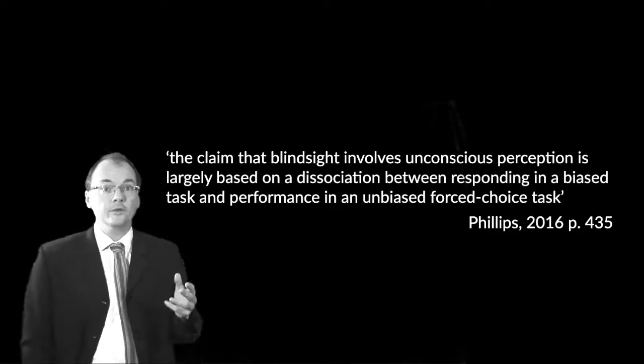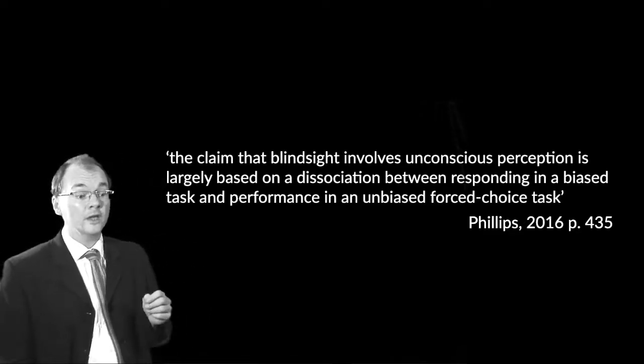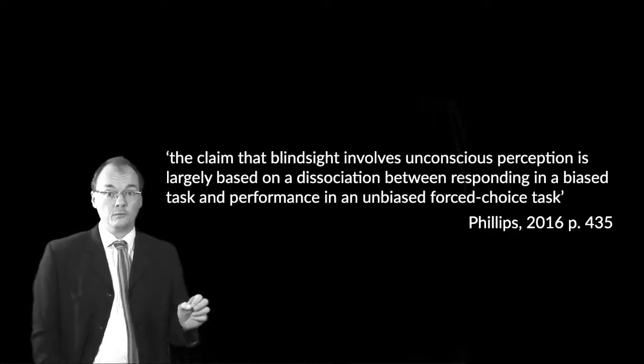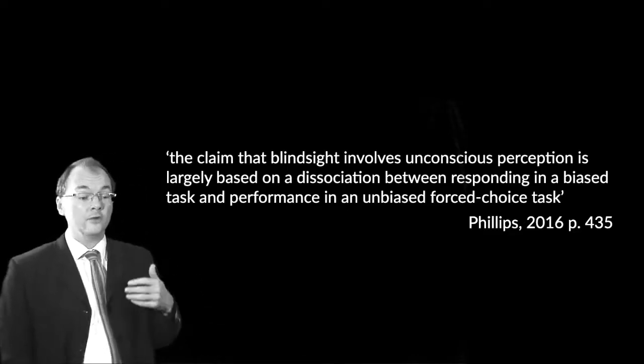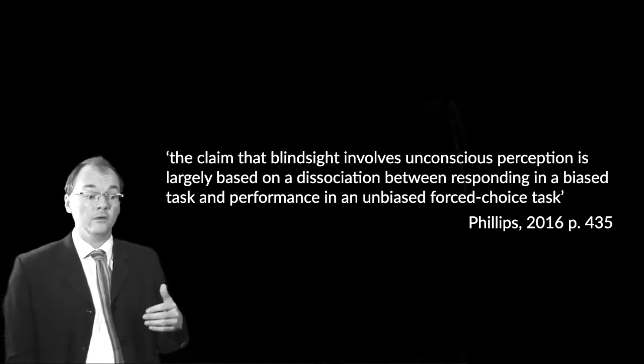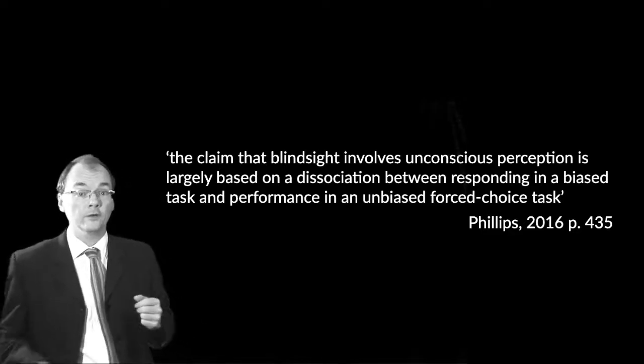Ian Phillips, a philosopher, has argued that it should be. He says, the claim that blindsight involves unconscious perception is largely based on a dissociation between responding in a biased task and performance in an unbiased forced choice task.